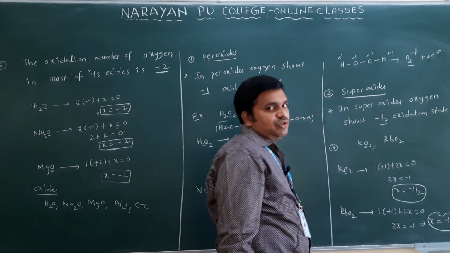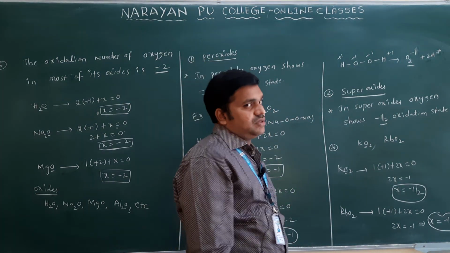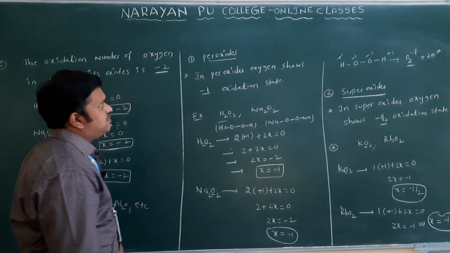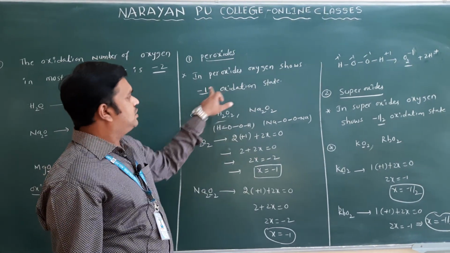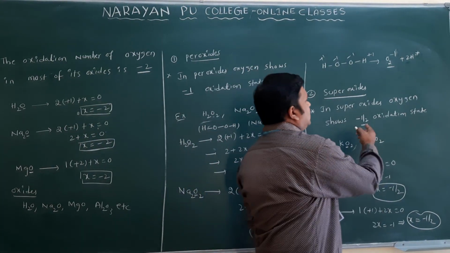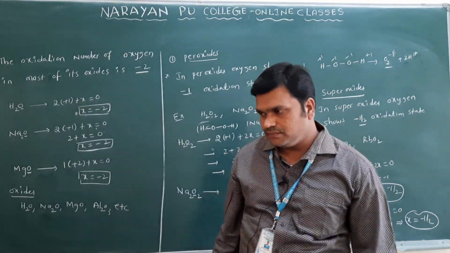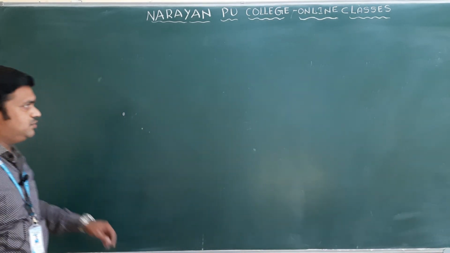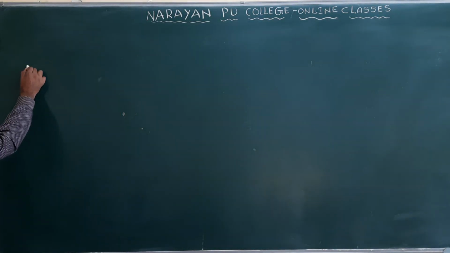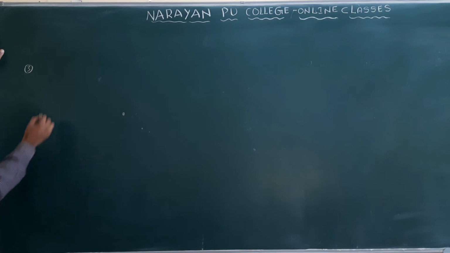So this is regarding superoxides. We discussed: normal oxides is -2, peroxides is -1, superoxides is -1/2. Next, one more case we have, that is ozonides only.